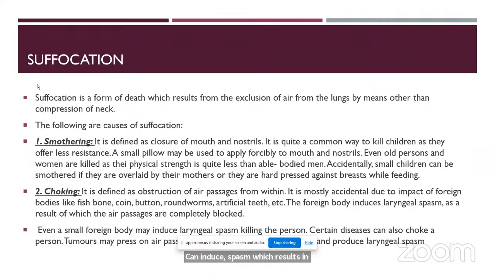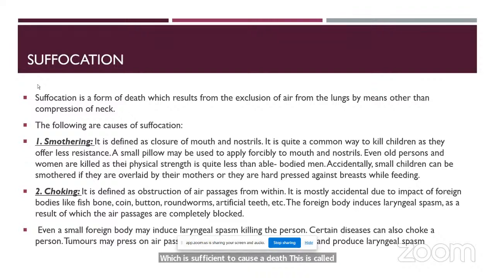Certain diseases can also choke a person, like tumors pressing on the air passage, or vomitus pressing on the air passage and producing laryngeal spasm. Now, there are different types of choking. That is traumatic asphyxia, a kind of mechanical fixation of the chest which is sufficient to cause death.